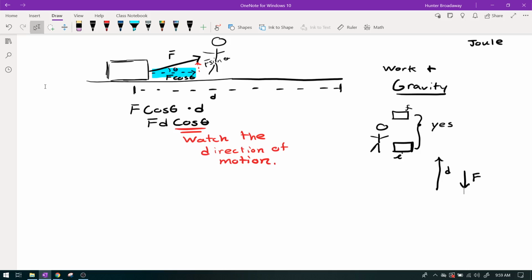We have to really think, positives and negatives are going to make a really big difference here. Since the direction and the force are opposite directions of each other, this is going to be a negative value, because we're working against gravity. The direction of the displacement and the direction of the force are opposite from each other.